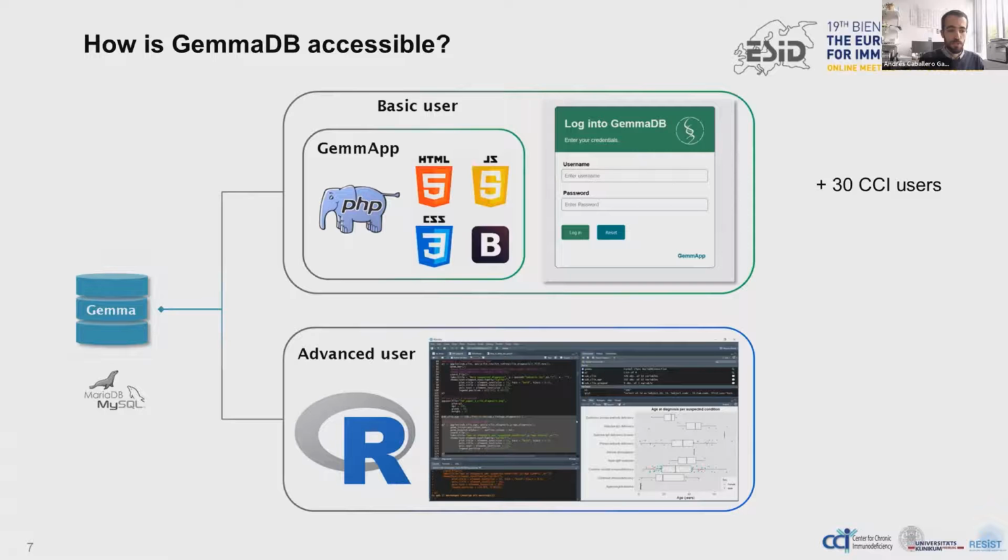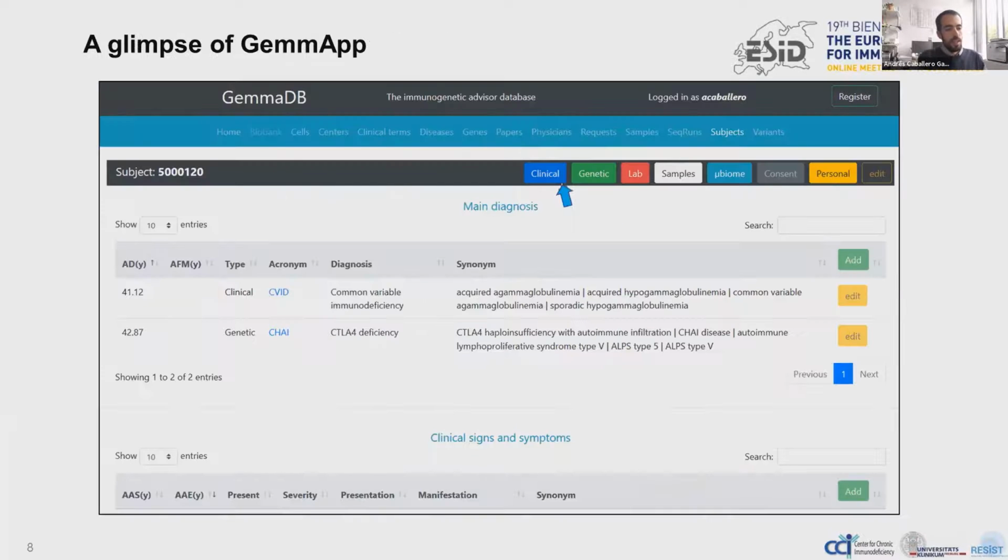However, if you're a more advanced user, you could use programming languages like R to do your queries and analysis, create your figures. Of course, you could also use, for instance, Python. But I will just show you today a snapshot of what this graphical user interface looks like.